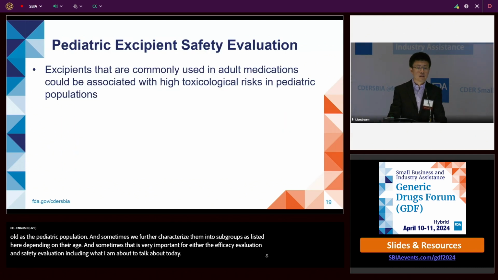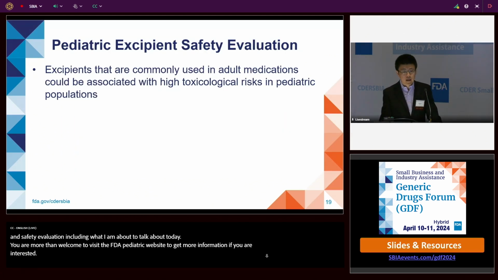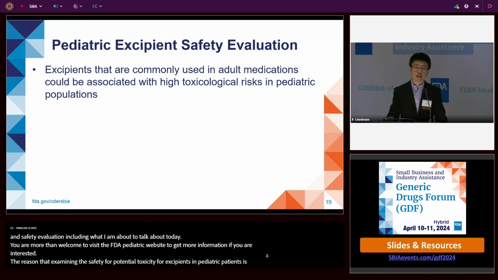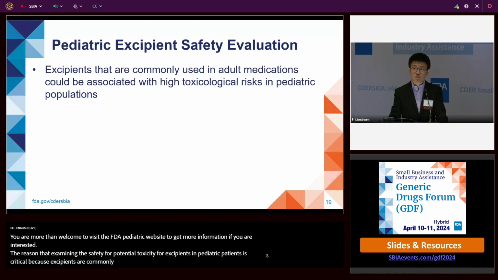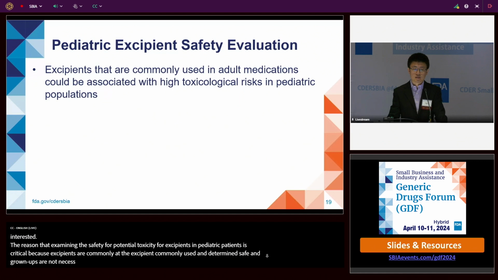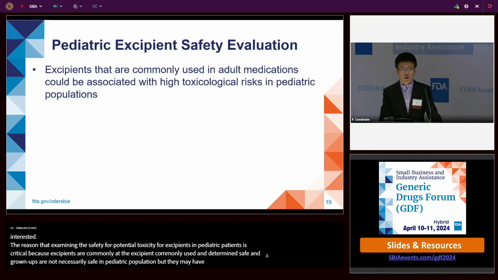Examining the safety or potential toxicity of excipients in pediatric patients is critical because excipients commonly used and determined safe in adults are not necessarily safe in the pediatric population. They may have significant toxicological risks.